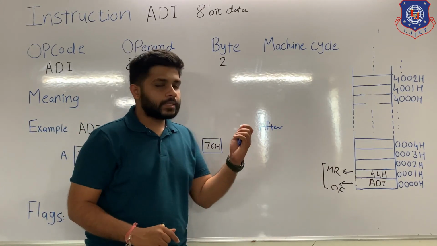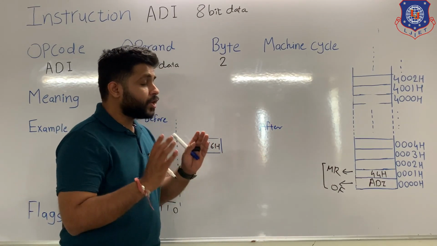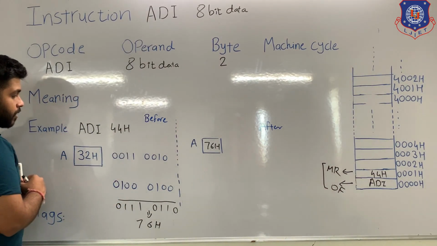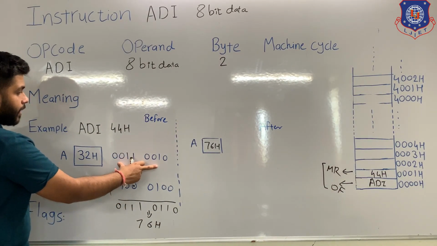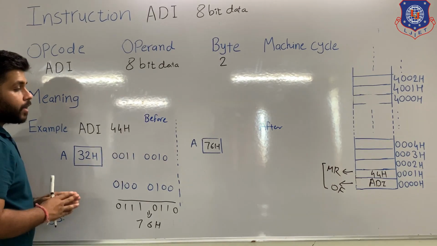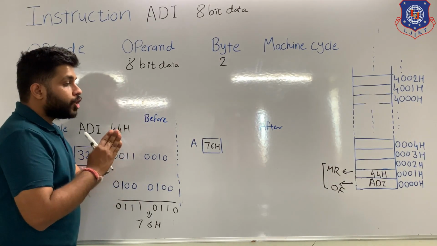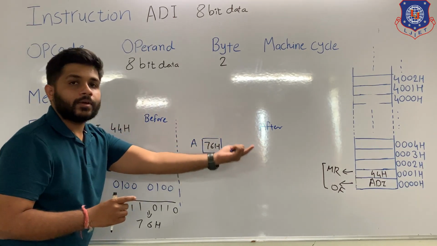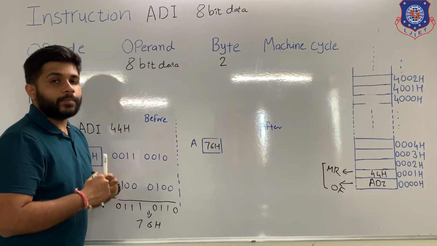Now pay attention during the execution process. During the execution, what is happening? The addition is being done between the accumulator and 44H. If you pay attention, during the instruction read, the 44H is transferred from the memory to the microprocessor.